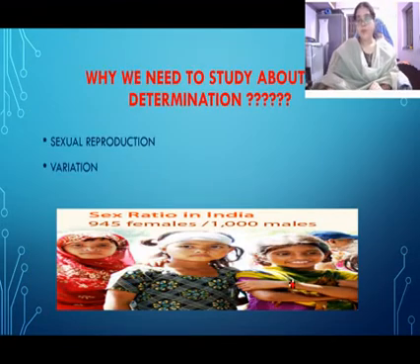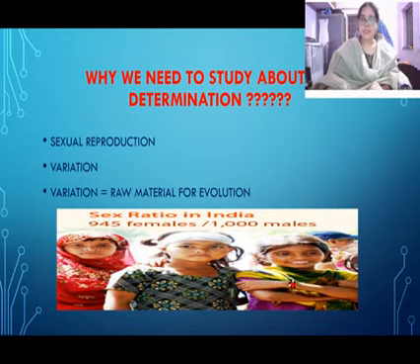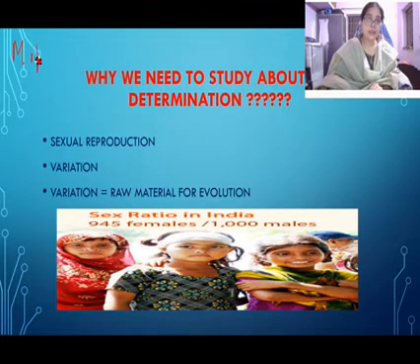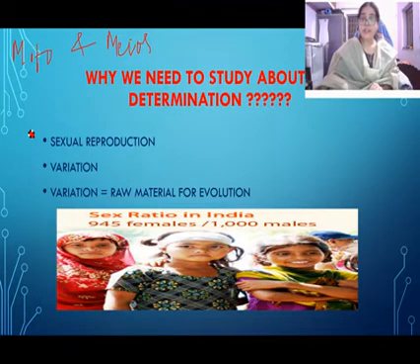Why do we need to study sex determination? First of all, what is the reason for variation? In the cell division chapter, you have studied that there are two modes of cell division, mitosis and meiosis, and meiosis is found in the gametes, that is the sex cells. There are three different modes of reproduction.